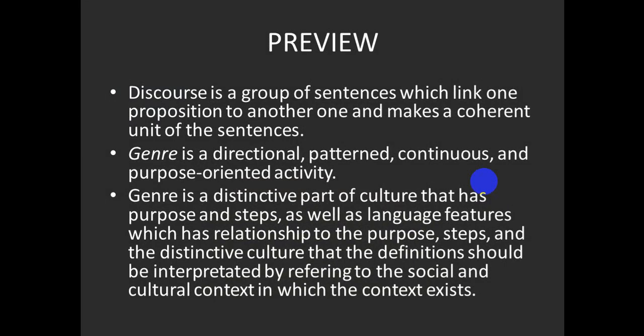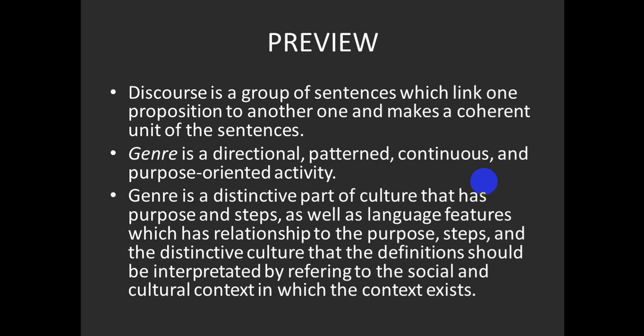Before starting our lesson, we should make a preview of today's topic. Discourse is a group of sentences which link one proposition to another and make a coherent unit. Genre is a directional, patterned, continuous, and purpose-oriented activity.